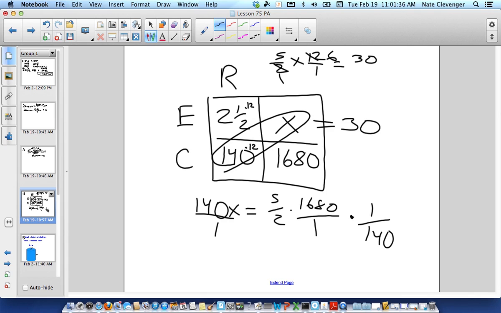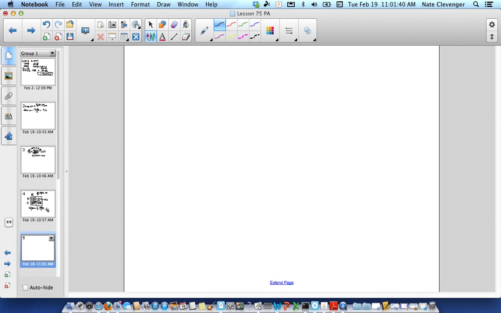The main part of this is getting it set up. Example 2, a little easier because it doesn't have the fraction in it. It takes 3 tons of fertilizer to fertilize 170 acres. Farmer Brown wants to fertilize 1,870 acres. How many tons of fertilizer does it require?